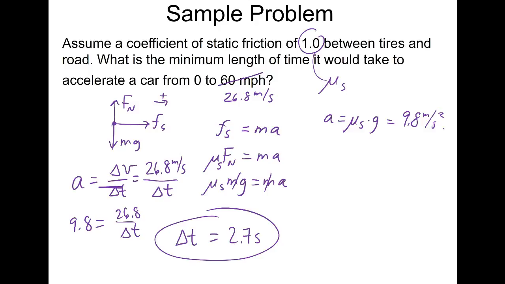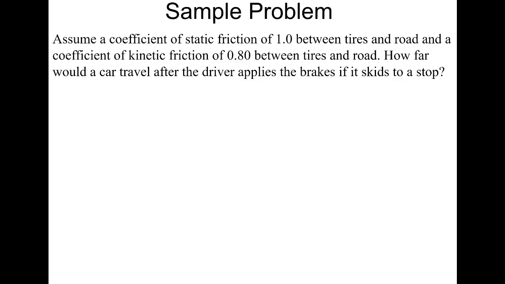Okay, so we have one more example problem. So go ahead and try this real quick. So now we want to know how far would the car travel after the driver applies the brakes if it skids to a stop.